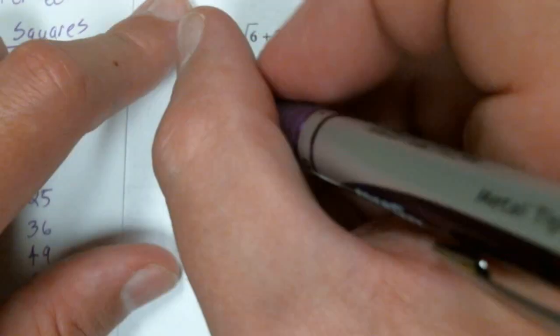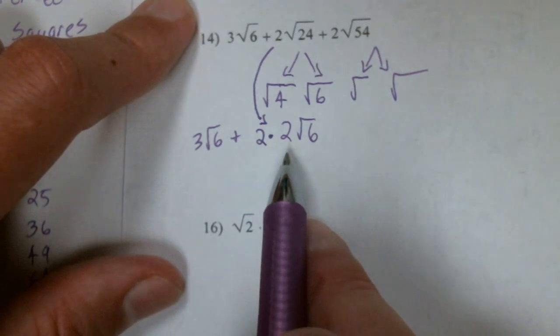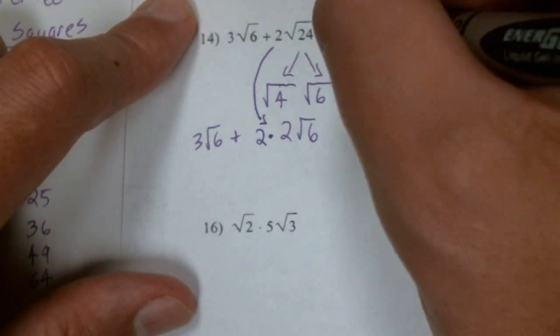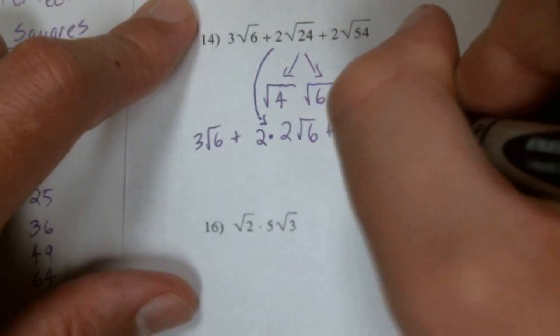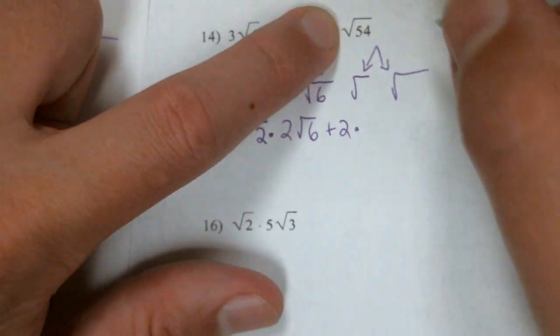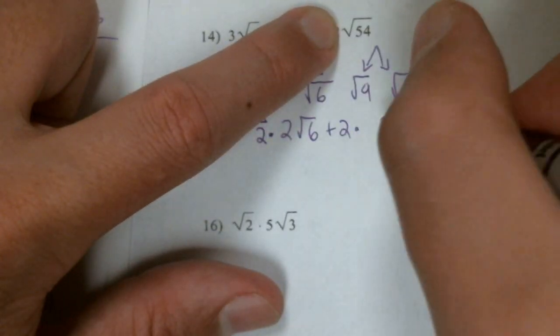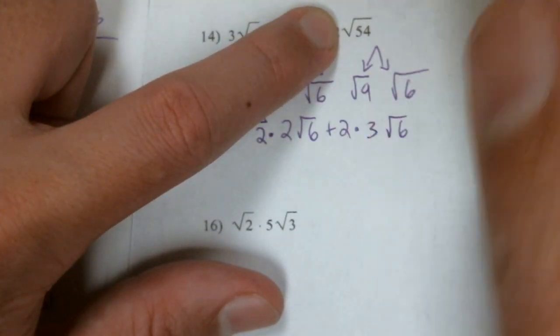I'm going to go ahead and bring down the beginning part of the problem. 3 root 6 plus 2 times 2 root 6. And then plus 2 times whatever the square root of 54 breaks down into. Highest perfect square that goes into that is 9. 6 goes in the trash can. Square root of 9 is 3, and then times the trash can.